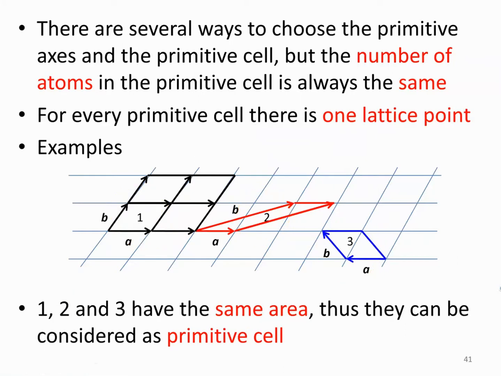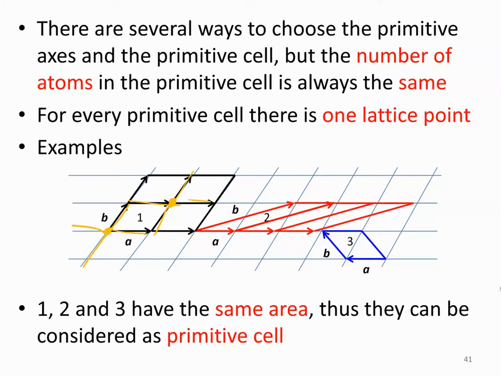Yes, because it only has one lattice point, and it fulfills the requirement of the Bravais lattice. Okay, all the basis are the same, and you can see that this point is equivalent to this point, same environment. So same environment, same basis, then it fulfills the Bravais lattice, so it can be considered as a primitive cell because it only has one lattice point.